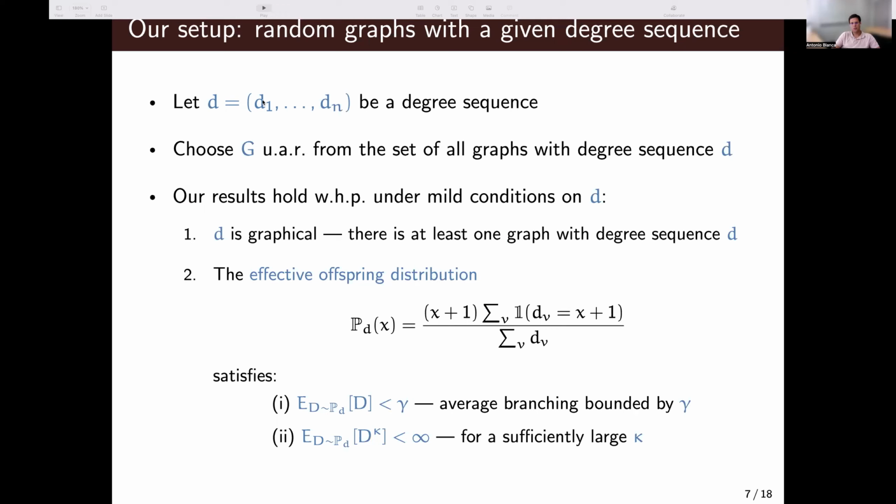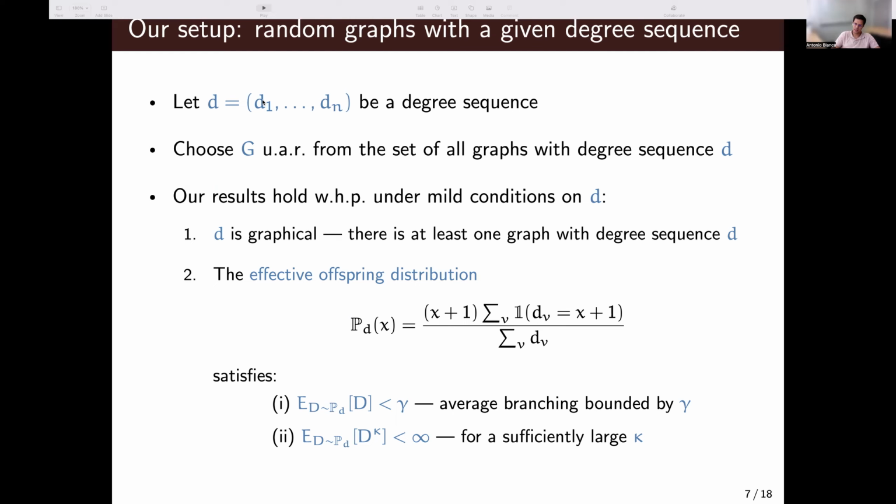random graph model, provided that the degree sequence is graphical, and this is a necessary condition. It means that the degree sequence is realizable by at least one graph. And there is this other technical condition that essentially says that the average degree of the graph is bounded.